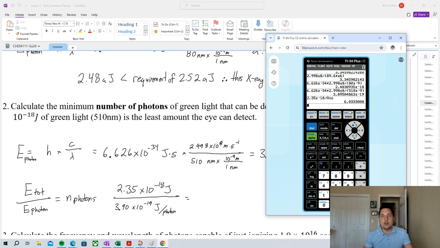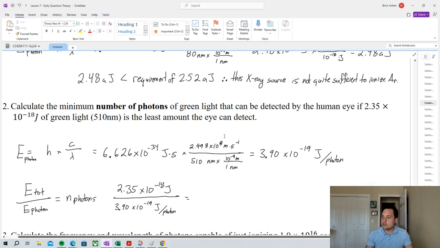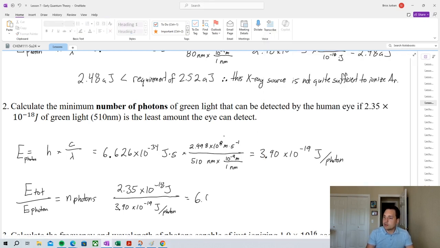We find that the number of photons is roughly 6.03 photons. Well, we can't have a fraction of a photon, so we might want to round this up to the next integer. So we need 7 photons of green light.